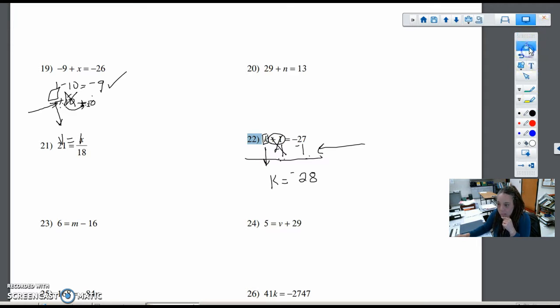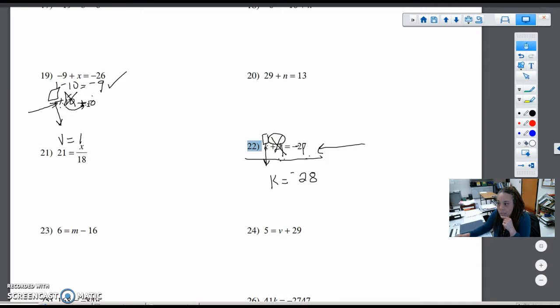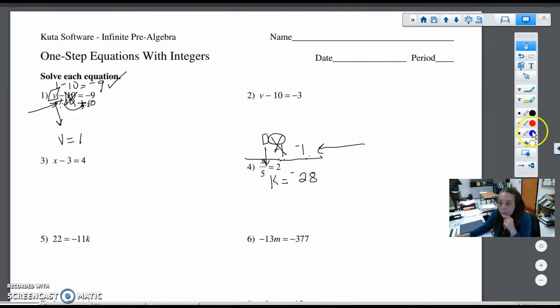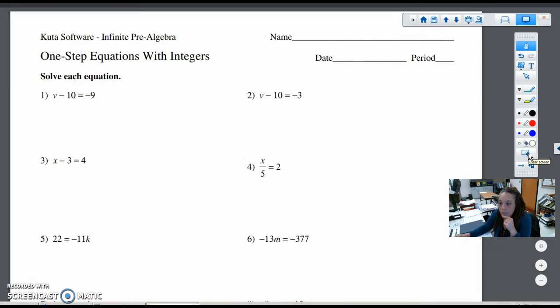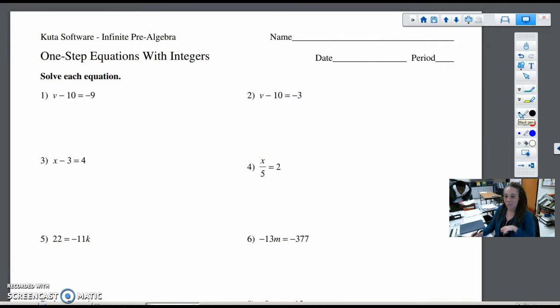Okay, so back up to the top of the page where you have more problems to work on. Here we go. So we've talked about the subtraction property of equality and the addition property of equality. We've completed number 1. Now I want to go on to number 4. Number 4 involves a multiplication property of equality. So that gives us a hint of what we're going to be doing first.